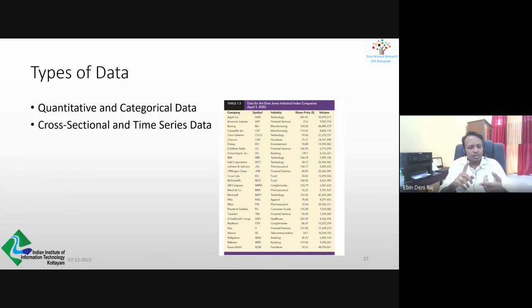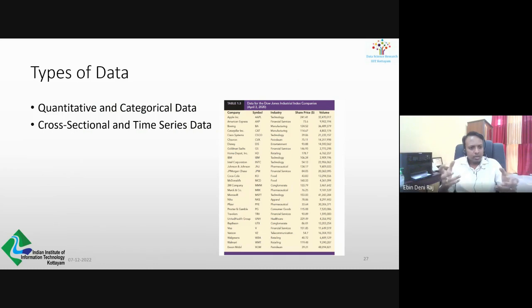Or it could be some arithmetic operations. All these could be performed on this quantitative data. So the table which you can see on the slide, even if you want to sum all the values in table 1.3, I can do that because basically it is a quantitative variable.